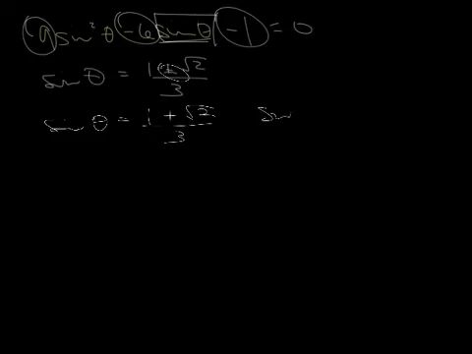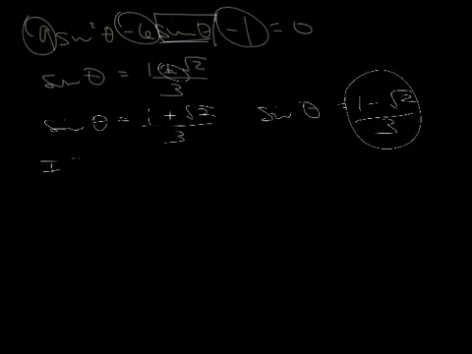So if we have the sine of theta equals 1 minus the square root of 2 over 3, now my sine, this number here, is going to be negative. It's going to be smaller than 0. So therefore, these angles will be in quadrant 1 and 2, and these will be negative, so these are in quadrant 3 and 4. So we're going to get 4 different angles in 4 different quadrants there.